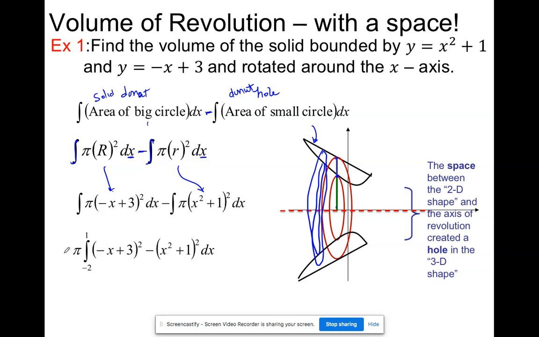Pull the pi out front. Combine the integral of a difference into one integral. Put on your x numbers of intersection that we found. The big radius is in terms of x, little radius is in terms of x, so I am integrating dx because my strip is pointing at the x-axis.